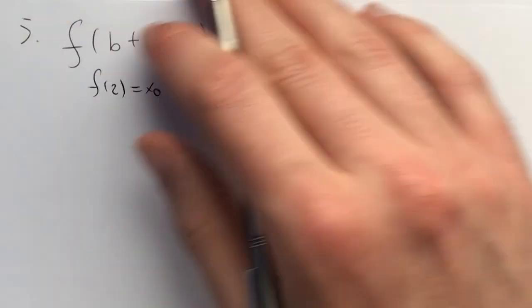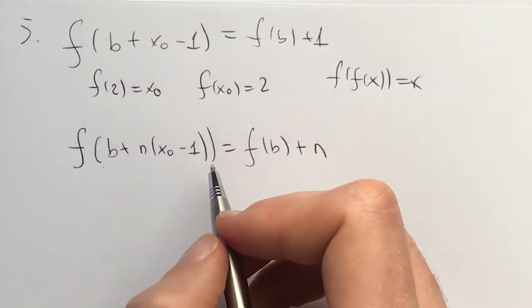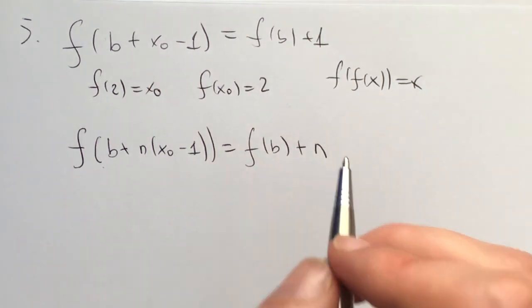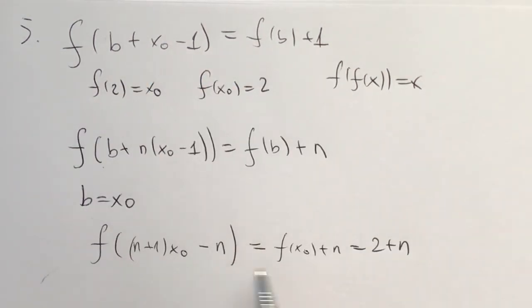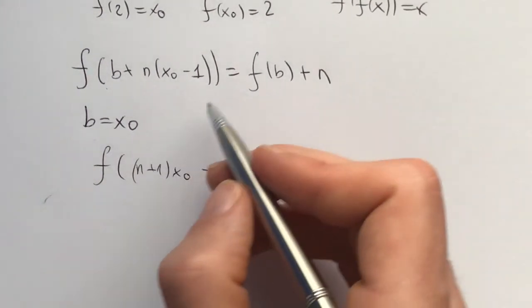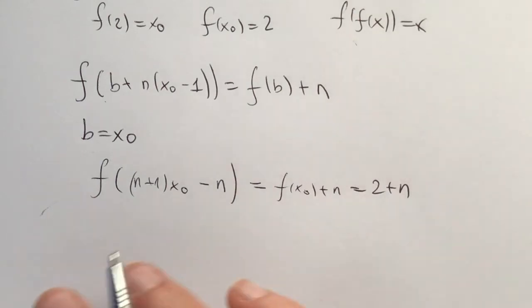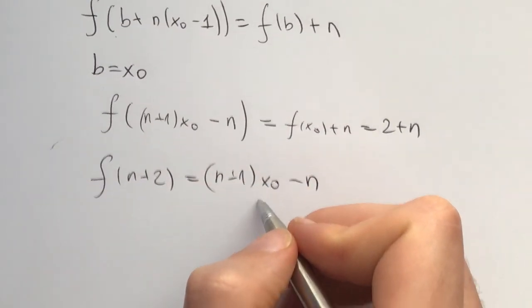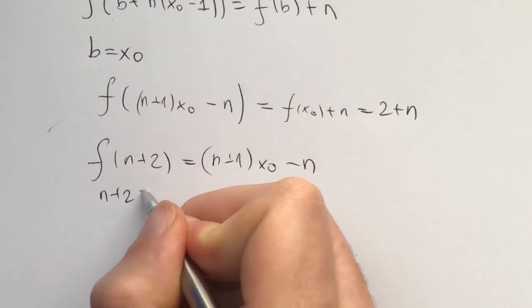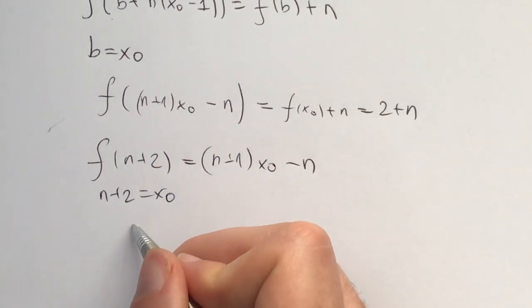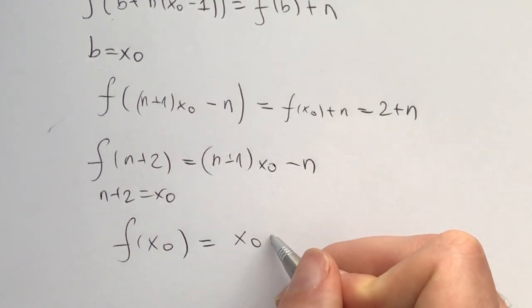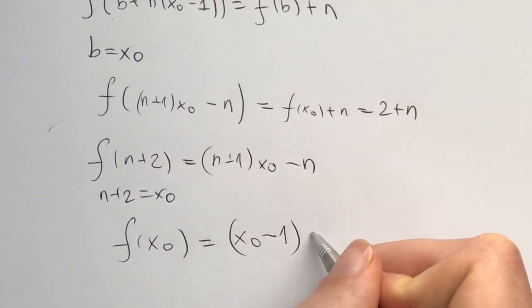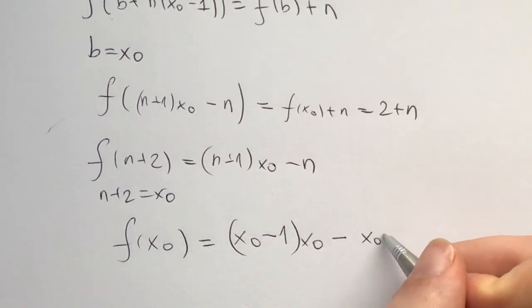And now the next step is, now we know this, which implies f of b plus n times x0 minus 1 is equal to f of b plus n, which for a specific b, namely b equals x0, implies this, which further implies, given f of x is x, this implies, and now, because this is true for every n, now we just plug in n plus 2 equals x0, and what this gives us is f of x0 is equal to x0 minus 1 times x0 minus x0 minus 2.